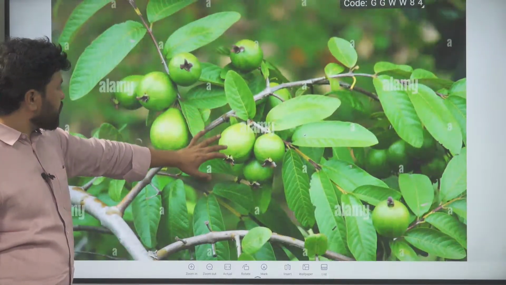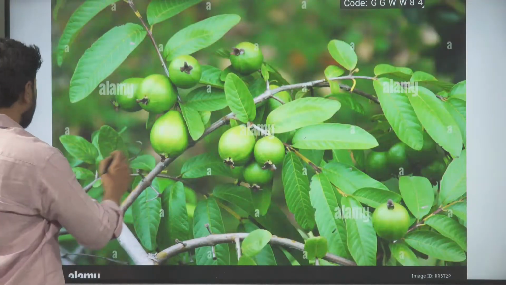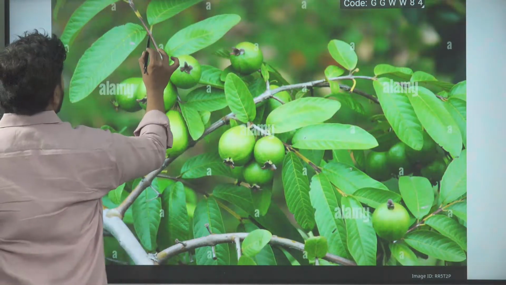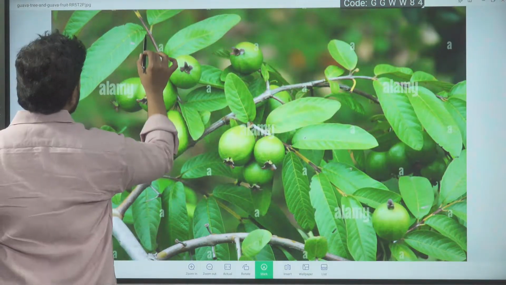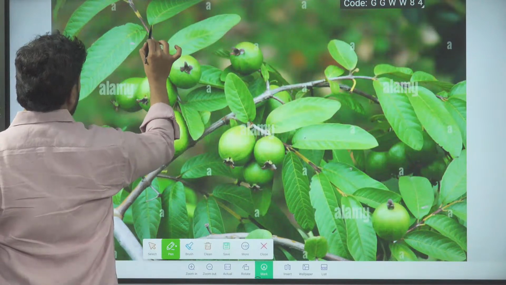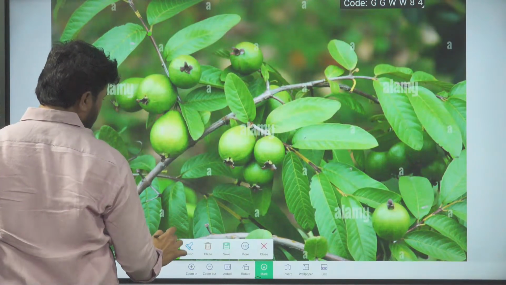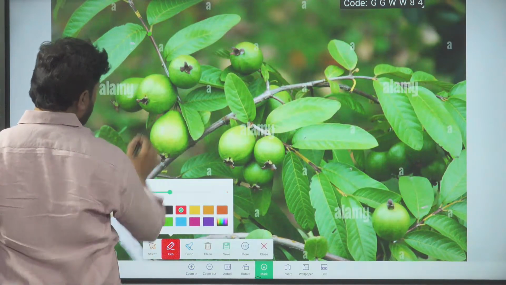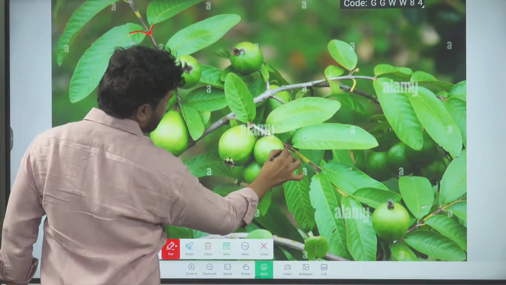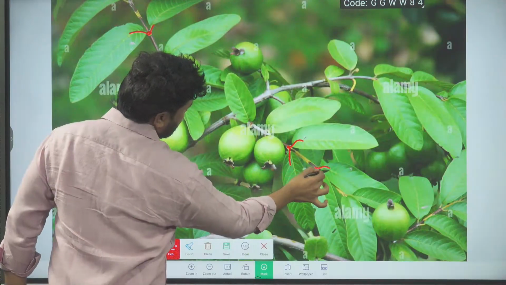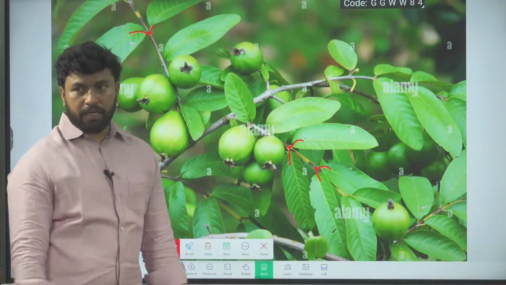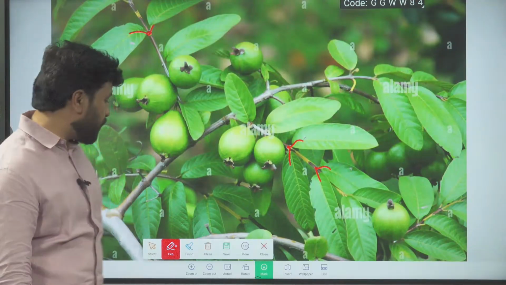See, particularly observe their leaves. In one node, there is a development of two leaves. One node, two leaves. But both are developed on opposite sides. This is called opposite phyllotaxy.